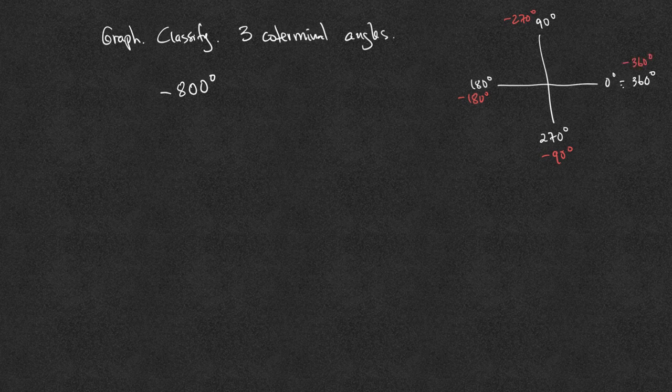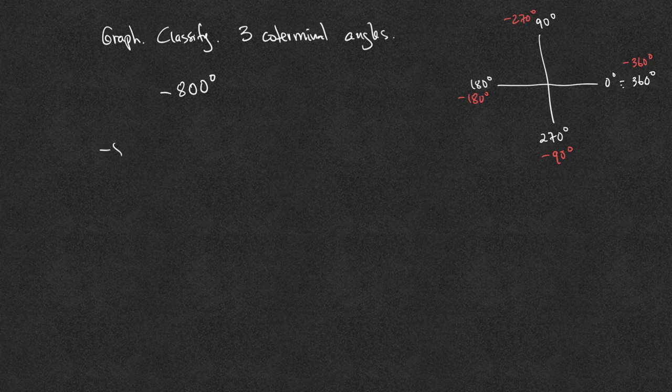For negative 800 degrees, even though this is a large number, remember that in degrees one revolution is 360 degrees, and so negative 800 degrees is relatively small, and we can simply keep adding one revolution each time.